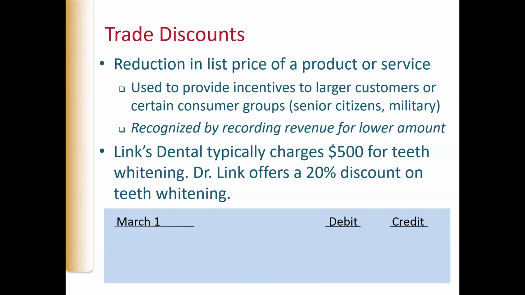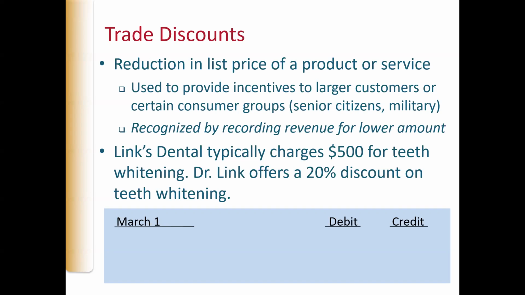So the trade discount in this example is where there's a reduction in the list price, using this to provide incentives to larger customers, maybe larger companies or certain consumer groups. So in this scenario, Link's Dental says, hey, we normally charge $500 for teeth whitening, but this month we're offering a 20% discount.